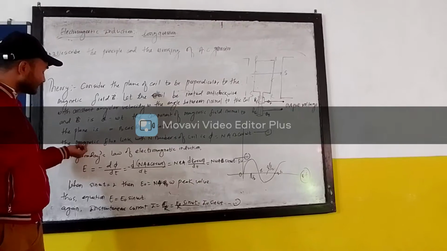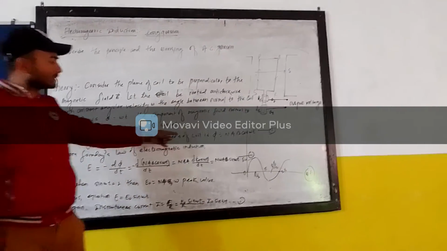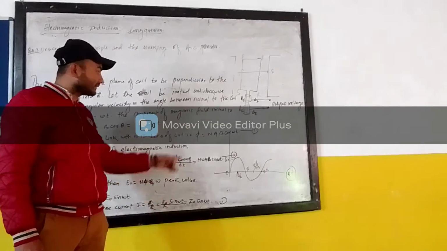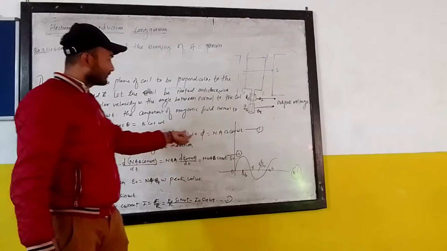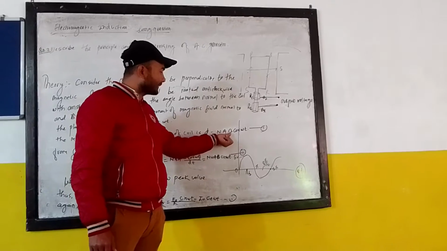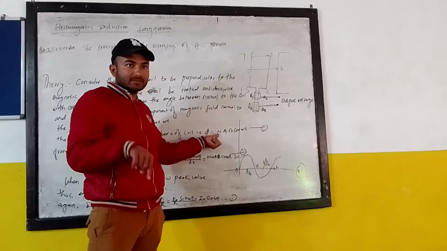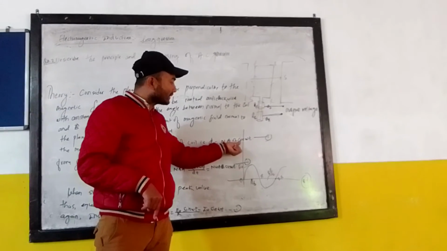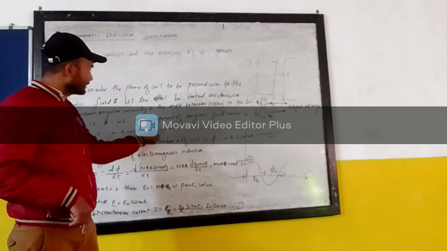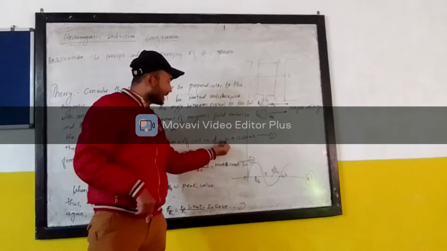Here is the magnetic flux linked with N turns. We can denote the magnetic flux with phi equal to NAB cos omega t, where N is the number of turns of the coil, A is the area, and B is the magnetic field.